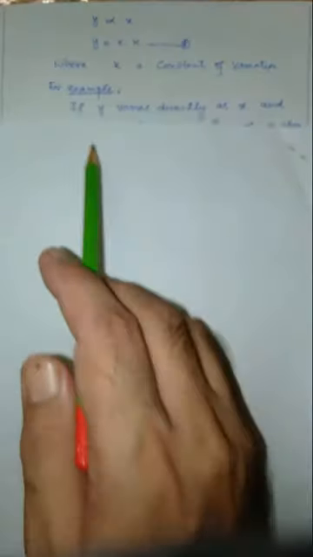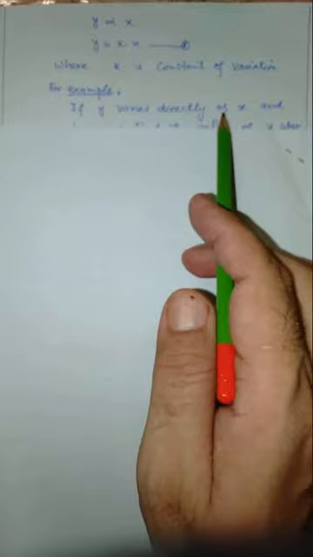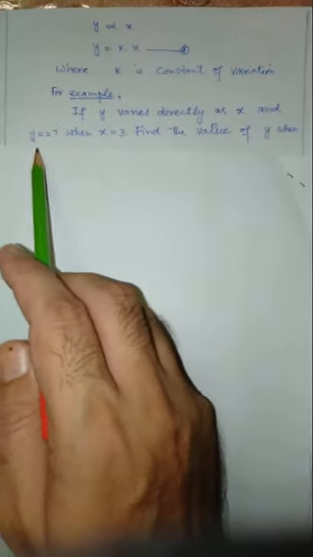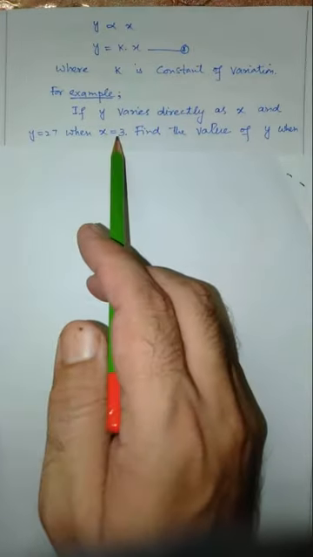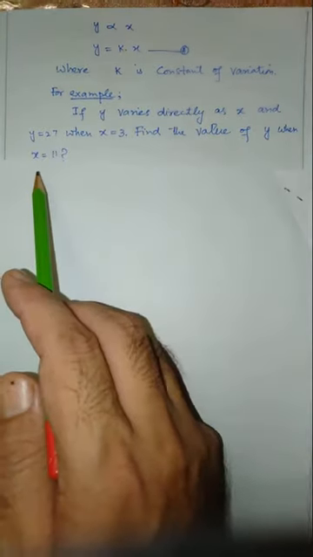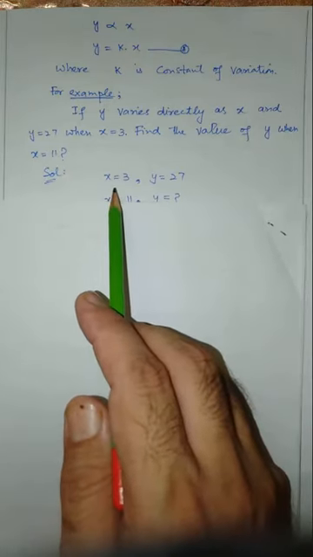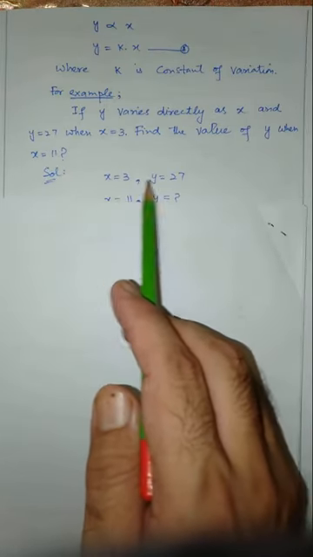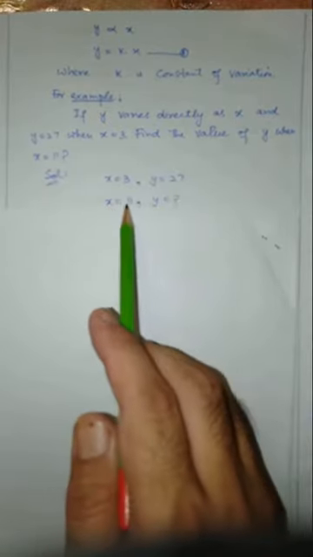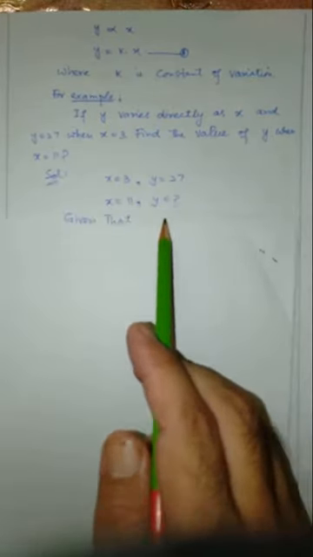For example, if y varies directly as x and y is equal to 27 when x is equal to 3, find the value of y when x is equal to 11. The solution: given data, x is equal to 3, y is equal to 27, and x is equal to 11, we will find the value of y.